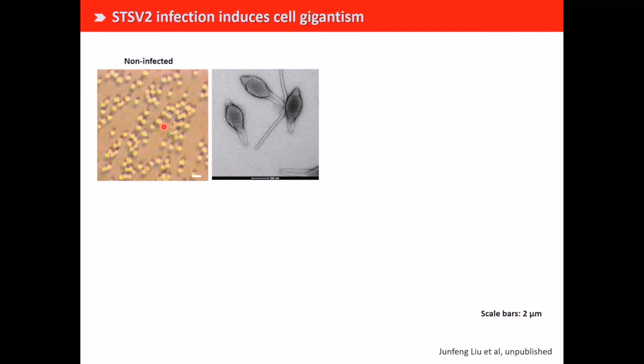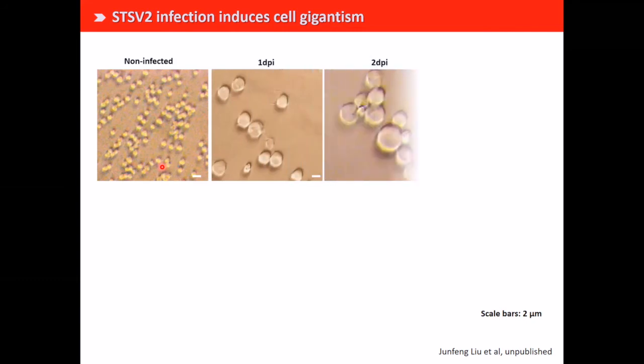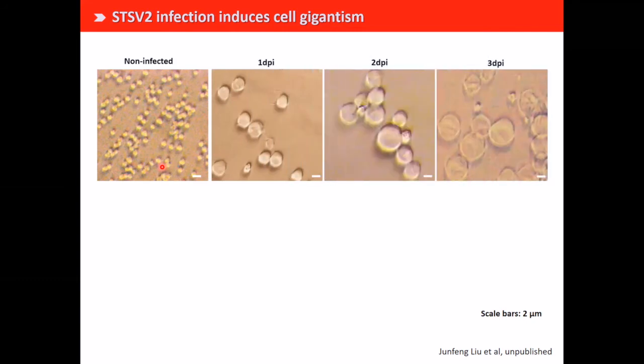And Sulfolobus cells are around 1 micron in diameter, spherical, as you can see here. But what happens with the cell when the virus infects it is that it grows in diameter immensely. So in 3 days, we see that the cells become some 6-8 times bigger than the non-infected cells, right?